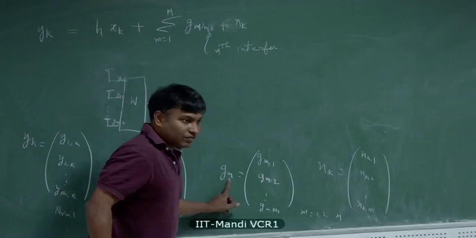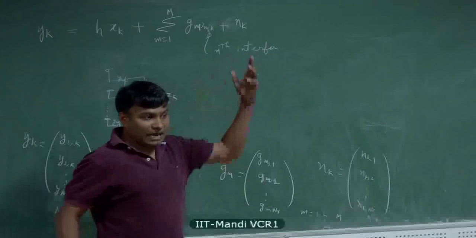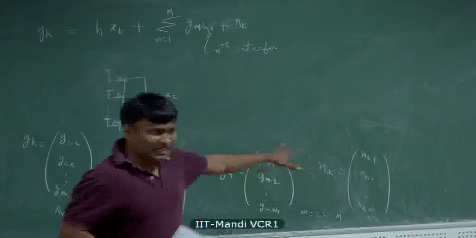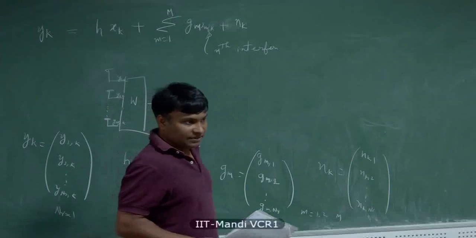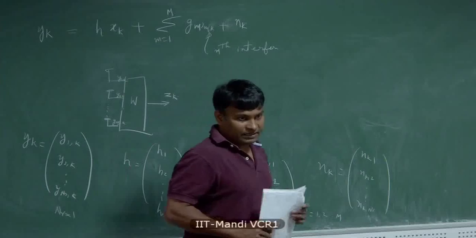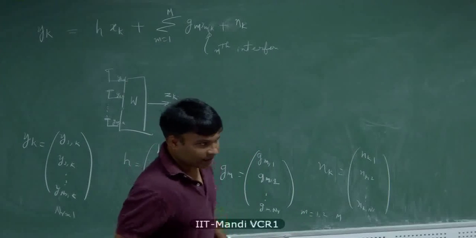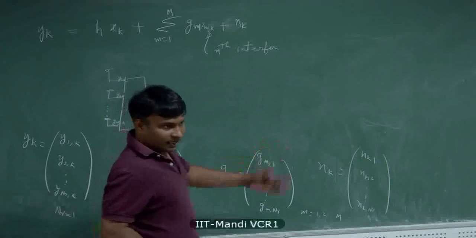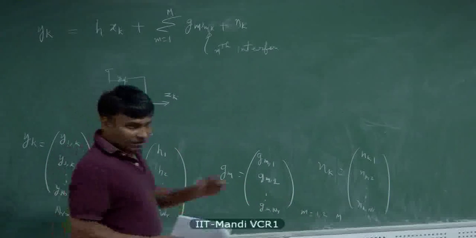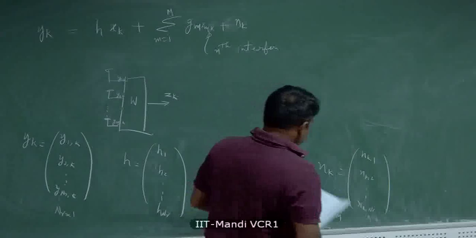We'll just leave it as some number for the time being. It could be any number, 1, 2, 3. We'll leave it quite general. Later on we will derive the relationship between capital M and NR. Right now it is just M.